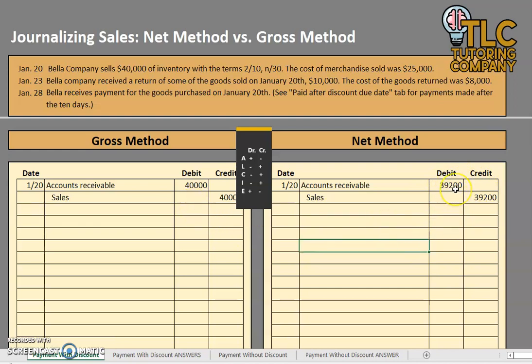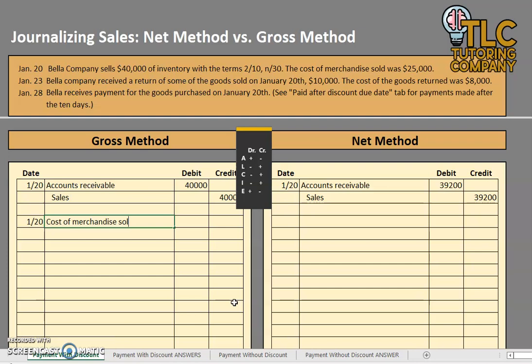Now, whether it stays this way will depend on if the customer actually ends up paying within that discount period. In this problem, we are using the perpetual method, so there's a second part of this that we should consider, the cost of the goods that are being sold. They do tell us this. Since we are using the perpetual method here, we are going to record the cost of the merchandise sold.